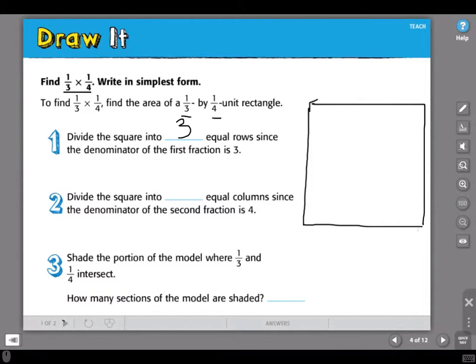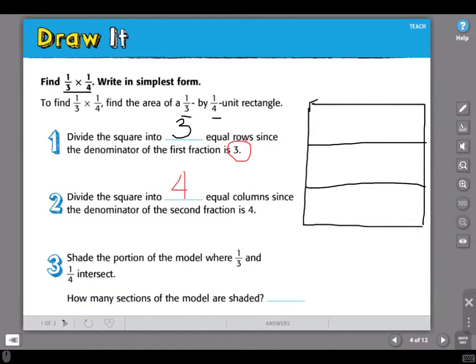How do I know 3? Because the denominator of our first fraction is 3. So I'm going to divide this into 3 equal rows.